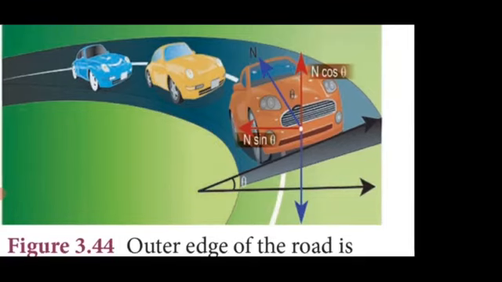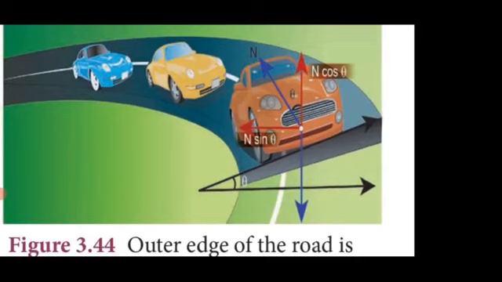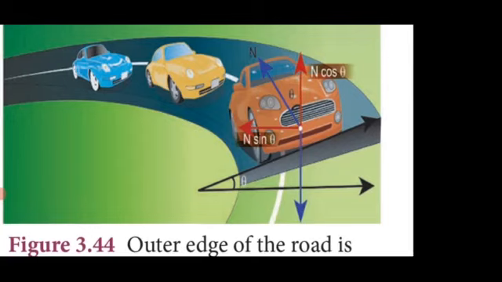And then see, one more arrow is there, in blue color, that is nothing but our normal force. That normal force also makes the same angle with the vertical side. So one is on the horizontal side and the normal force makes the same angle with the vertical side.